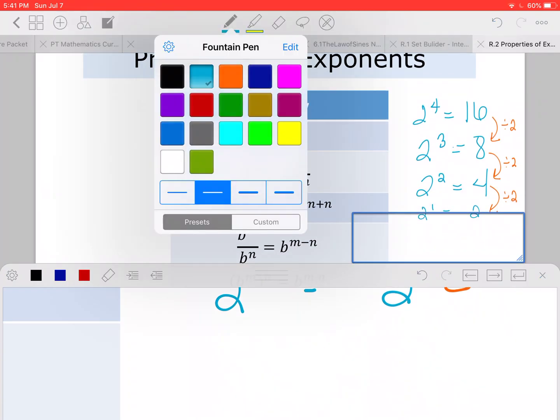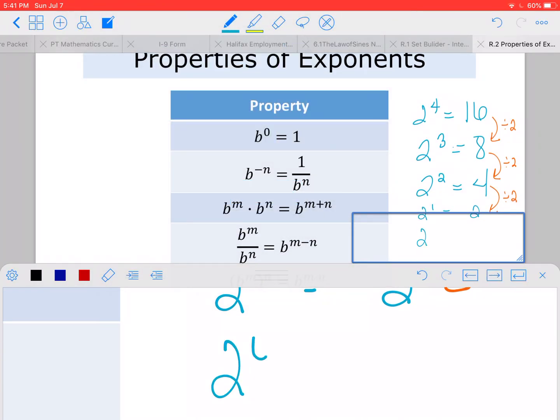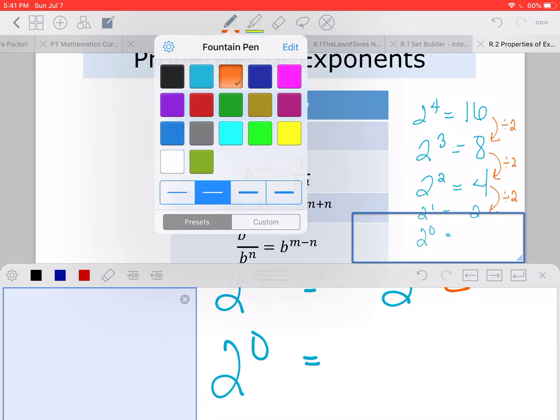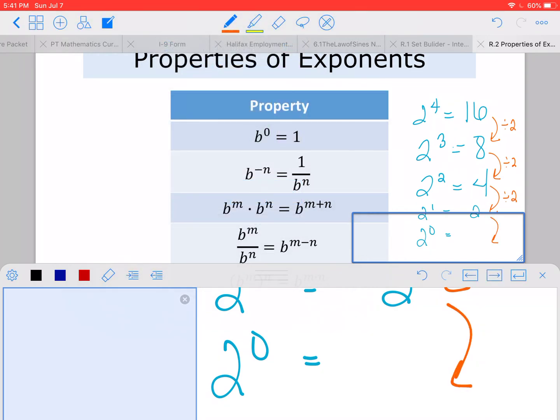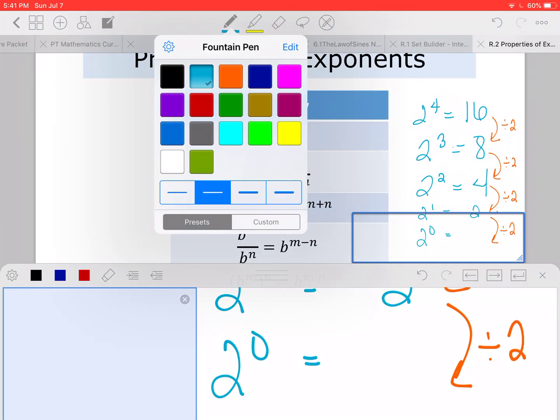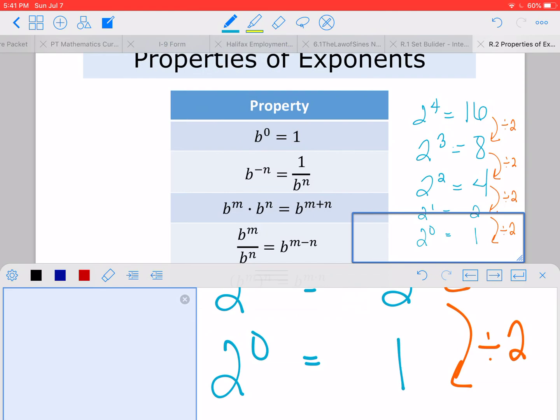So if we want 2 to the 0th power, we're going to divide by 2 again. And 2 divided by 2 is 1. So that's just a quick little example of why a number to the 0th power is 1. That would work if we use 3 or 4 or even a negative number.